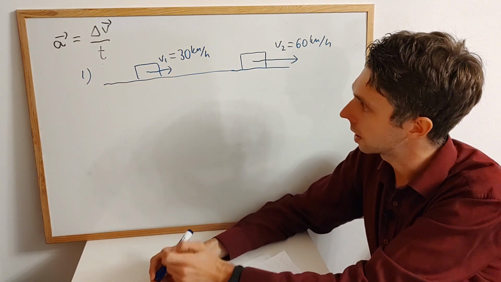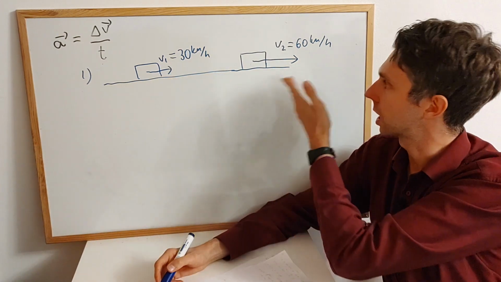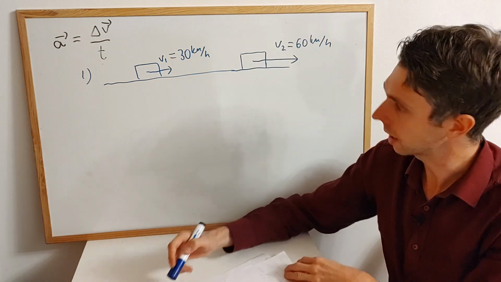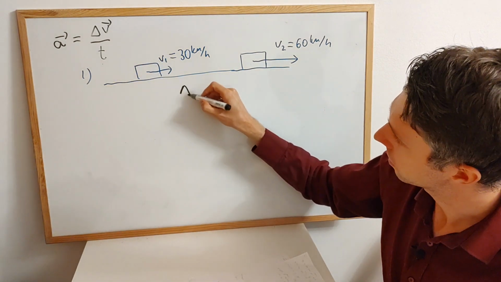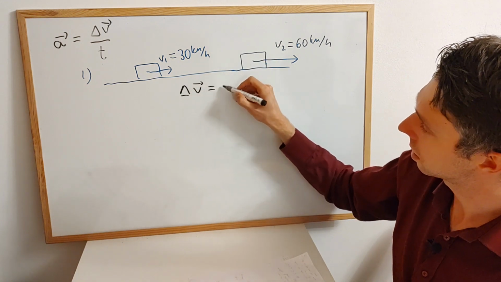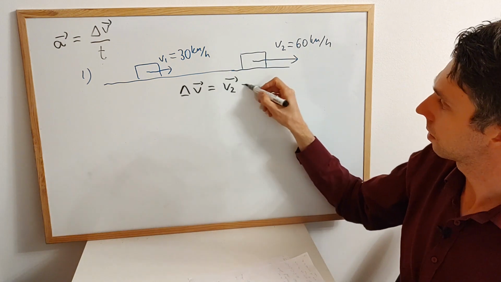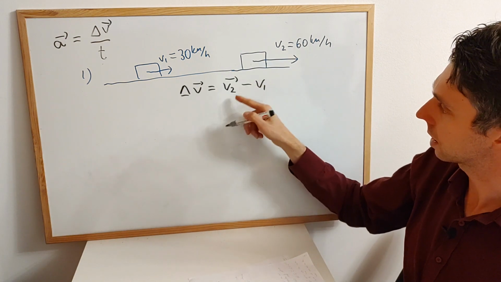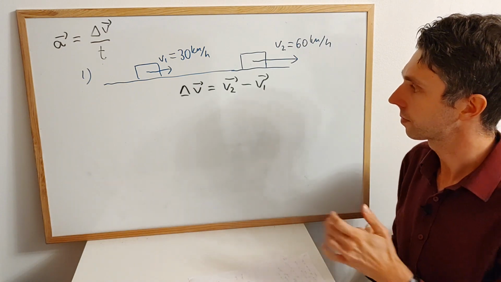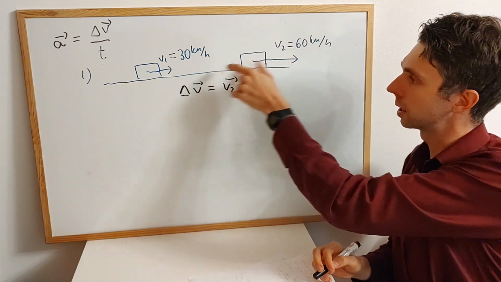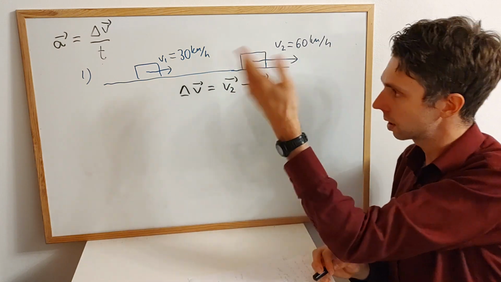So the length of the vector changed, so of course you have acceleration, okay? Because as with position, delta v is final velocity minus initial velocity vector. So because the length changed, then of course it changed.